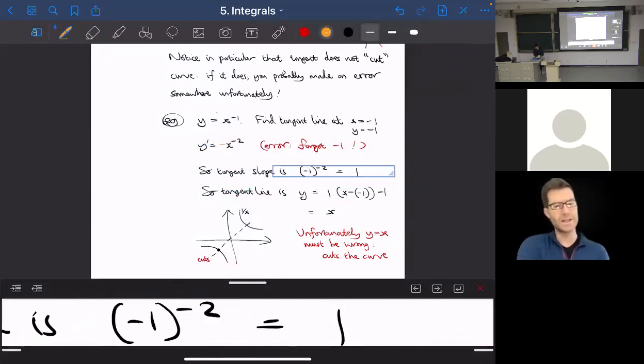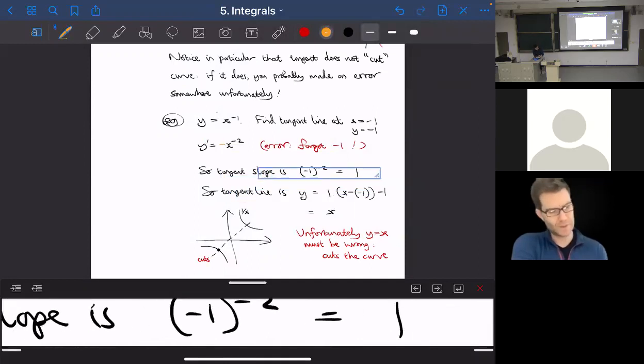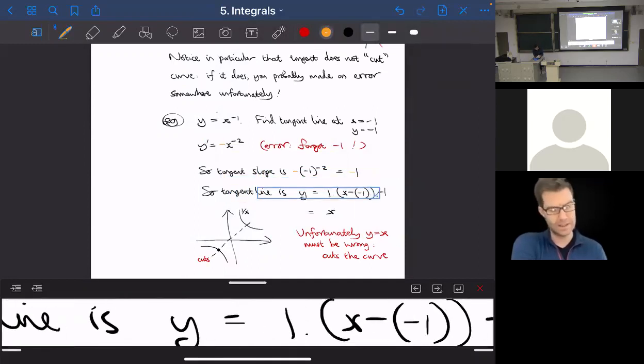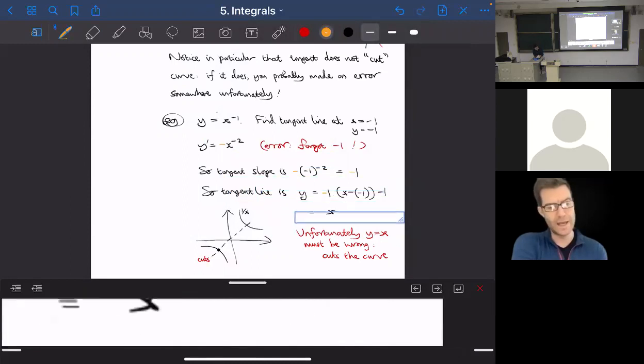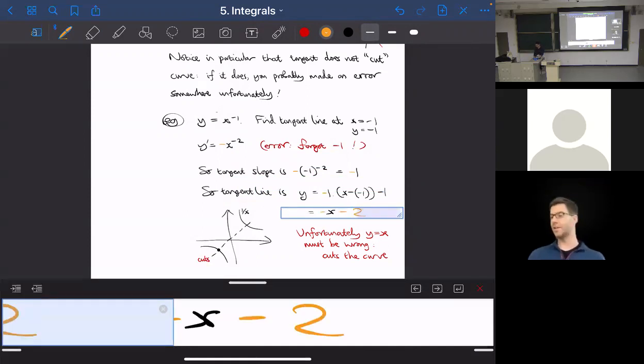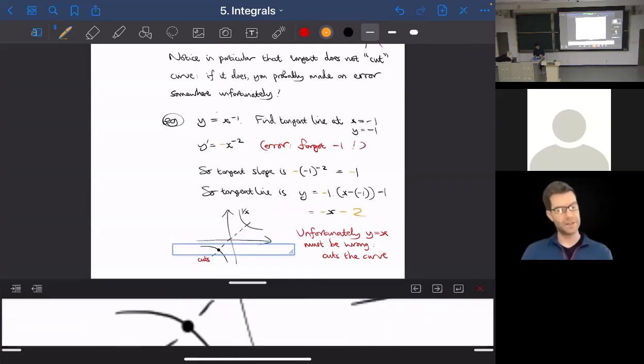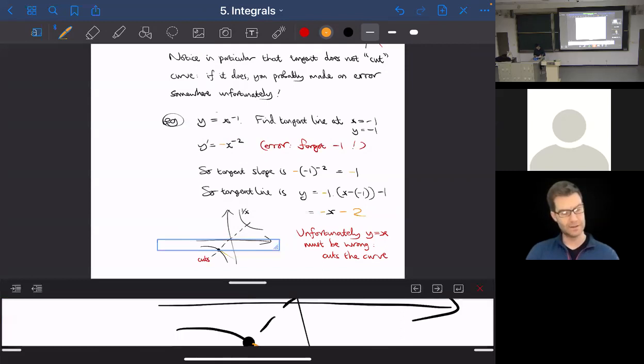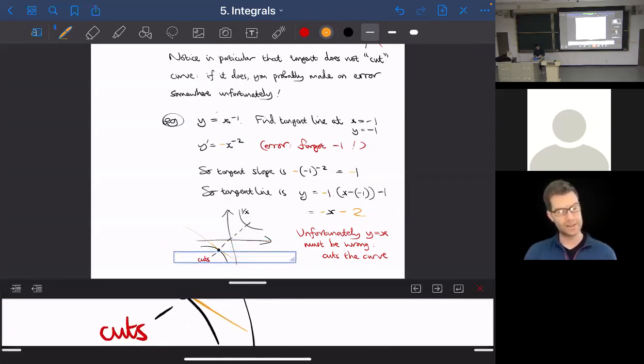So we have a -1 there, gives us a -1 here, and a -1 there. And we get -1, what do we get? And so minus x minus 2. And then if we sketch that, we get, I'm hoping, this tangent line here.